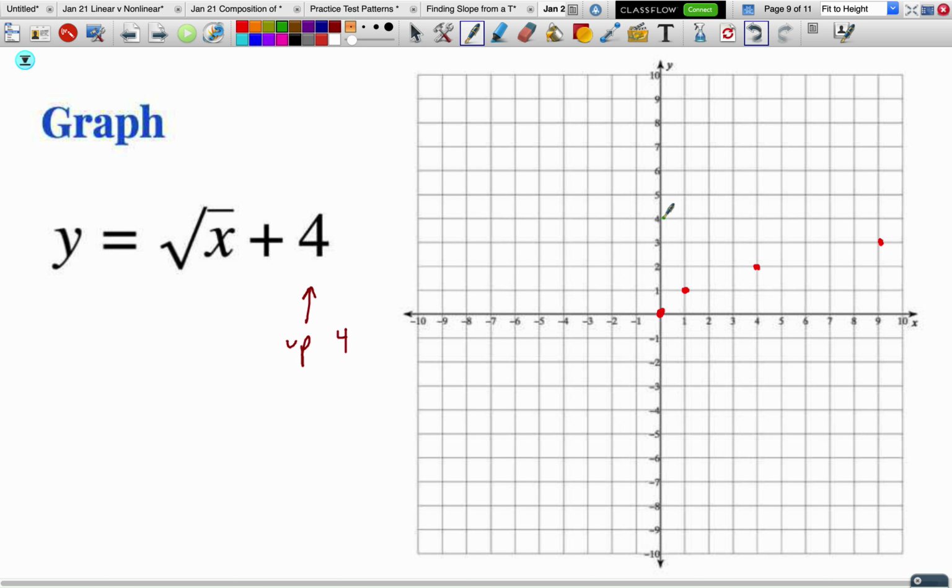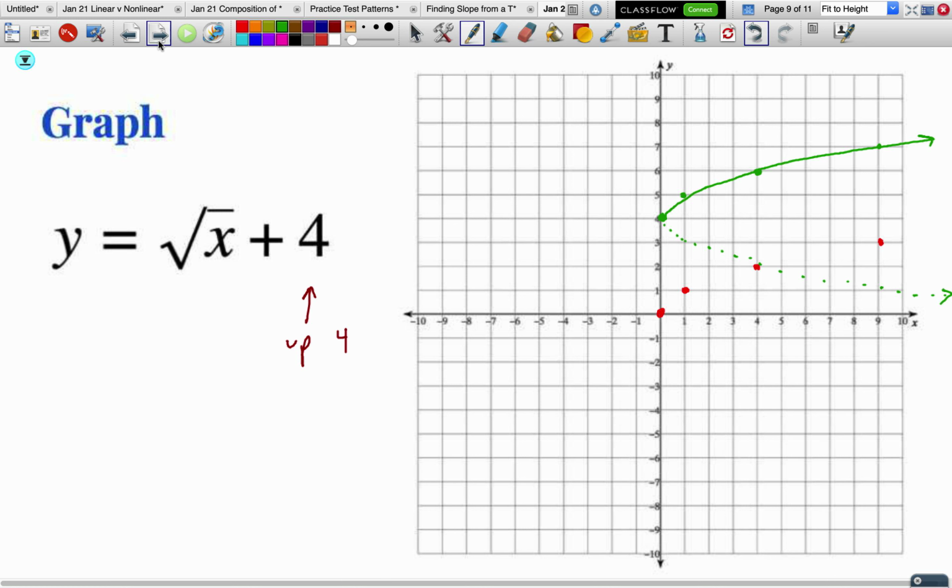So 1, 2, 3, 4, and so on for each point, and then connect this. And there's our graph. And again, you can do the dotted line that goes off on this side, but not required.